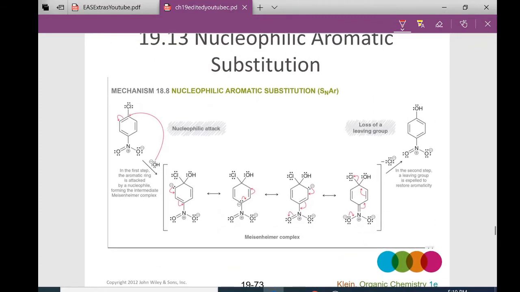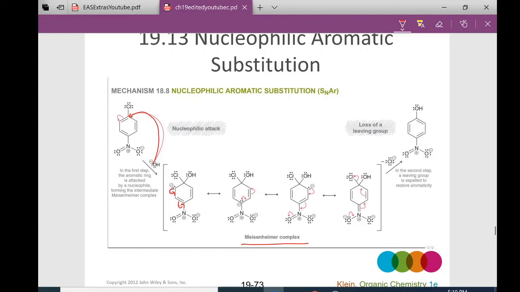So the hydroxide is going to attack at the alpha position to the leaving group, similar to an SN2 reaction. Then we get this Meisenheimer complex, which actually has a negative charge in the ring instead of a positive charge. But we have resonance structures that are going to move that negative charge around the ring, so we can move it here. And then if we do that, we have to move this double bond here up to be a lone pair.